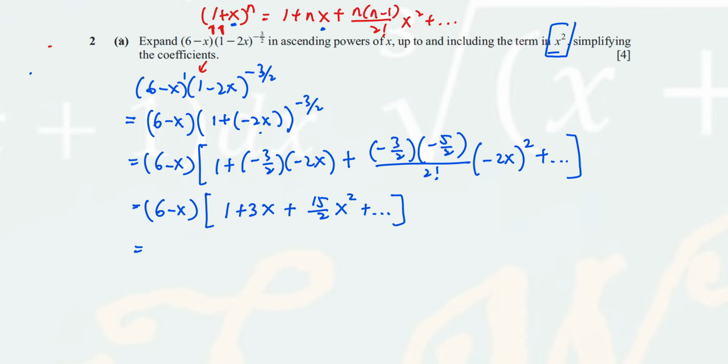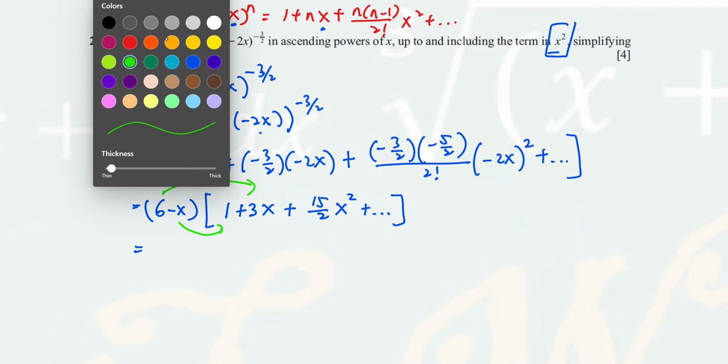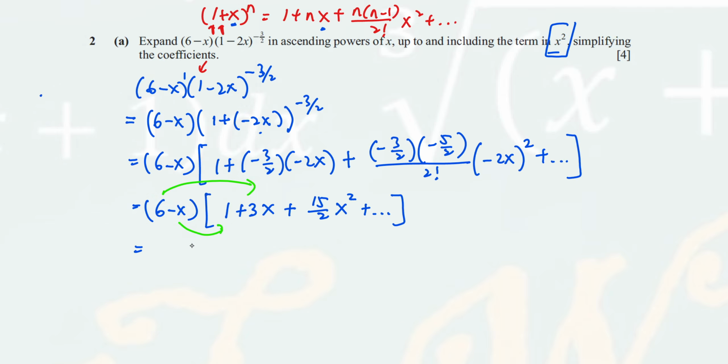Okay, so next step is just to do expansion. So 6 multiplied by the square brackets, then followed by the minus x multiplied by the square brackets. So from here, I will be getting 6 plus 18x plus 45x squared. And then when minus x multiplied by the square brackets, it will be negative x, negative 3x squared.